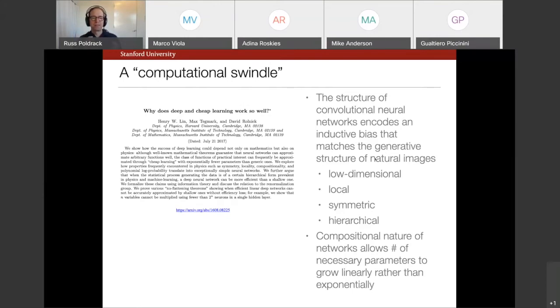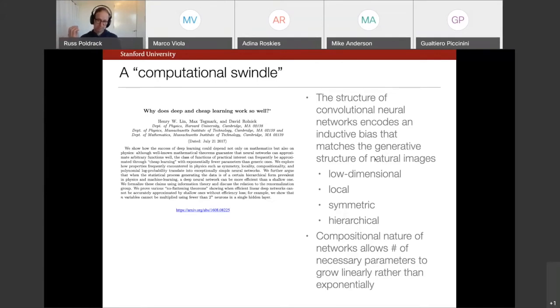Each unit looks at a small patch in the previous layer, and those combine compositionally across layers. That particular architecture encodes an inductive bias that matches the generative structure of natural images, which arises ultimately from the physics of the universe.